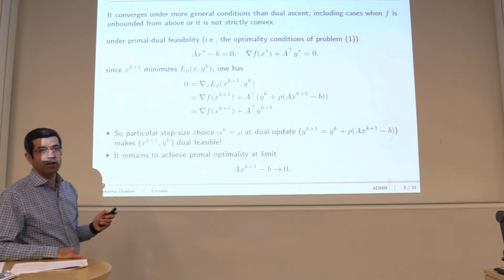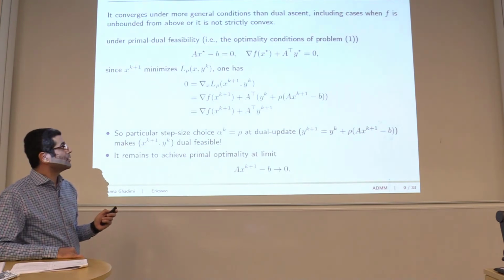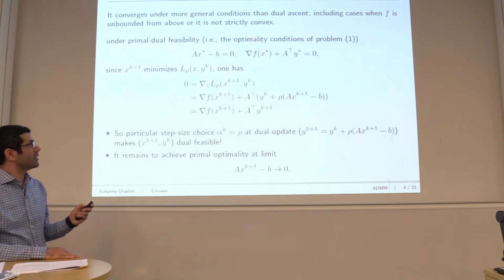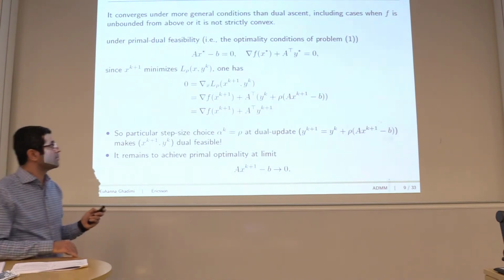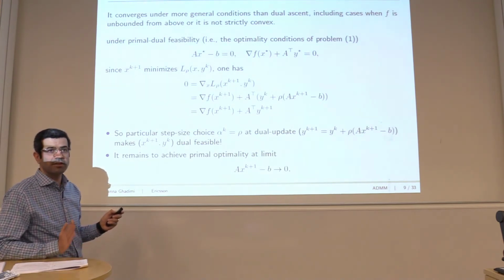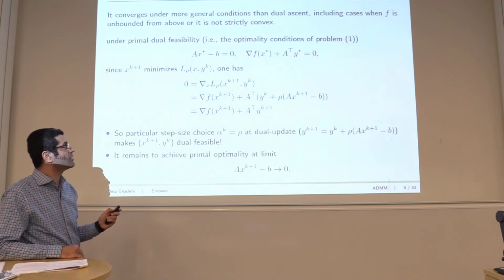For the case of the augmented Lagrangian method, we can do similarly here. So we take the derivative with respect to x of the so-called augmented Lagrangian, and let's put in x^(k+1) and y^k, the intermediate updates that we do, and let's see how it looks.